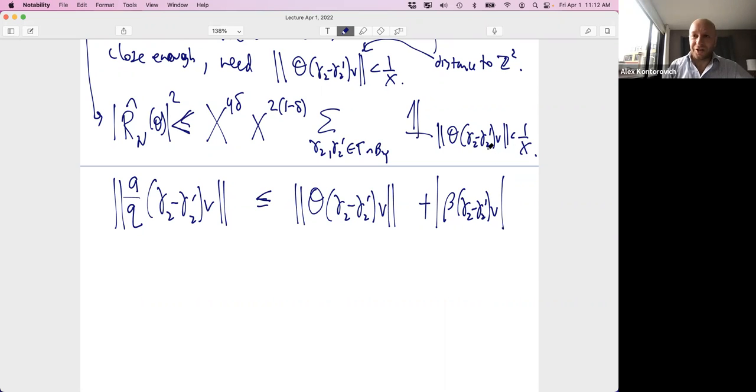This condition says that this is bounded by 1 over x. What do I know here? The gamma 2 minus gamma 2 prime is of size at most y.